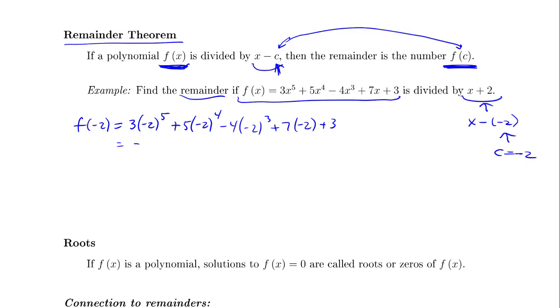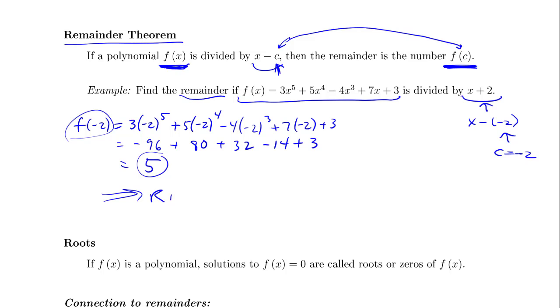All right, that's negative 96 plus 80 plus 32 minus 14 plus 3. Go ahead and do that, and that's 5. So knowing that f of negative 2 is 5 means the remainder would be 5 if I did the whole polynomial division.